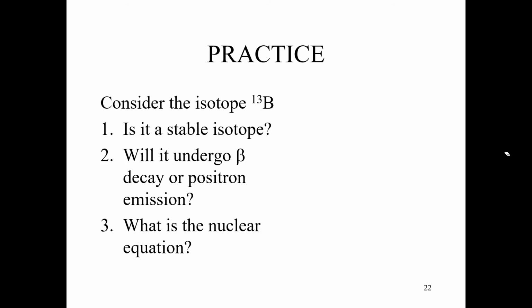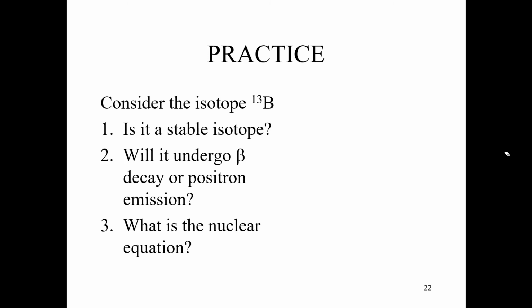I would recommend right away, go to the periodic table, make sure you know where boron is. Question number 1, is it a stable isotope? All right, so remember, how do we deal with this? Well, we ask ourselves, if it's boron, how many protons would it have? It's atomic number 5, so it has 5 protons. And if its mass number is 13, what would be the ratio of neutrons to protons?